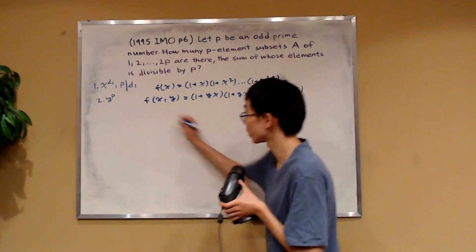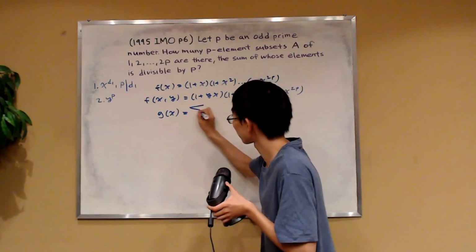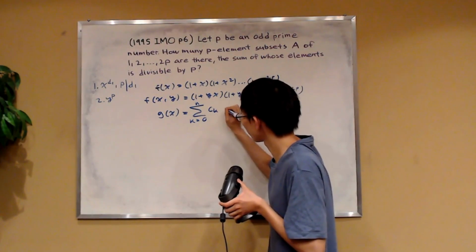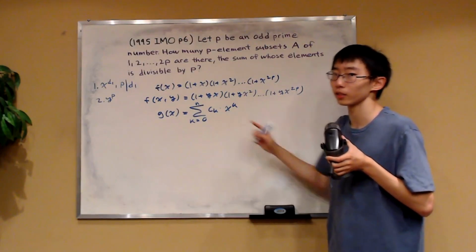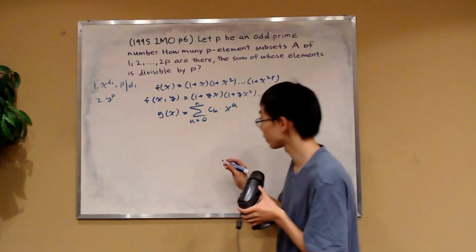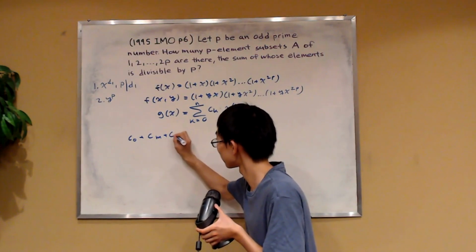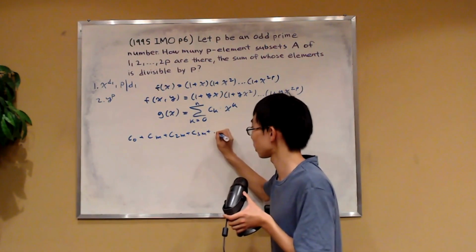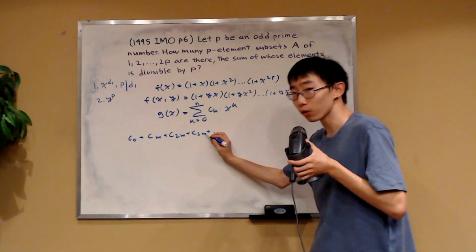Basically, if you have a function g of x, and this function is a polynomial, so it's equal to the sum as k goes from 0 up to n of c_k times x to the k. So basically, c_k is the coefficient, right? If you have this polynomial and you wish to find the value of c_0 plus c_m plus c_2m plus c_3m plus ... Basically, this sum is the sum of c sub some multiple of m, right?